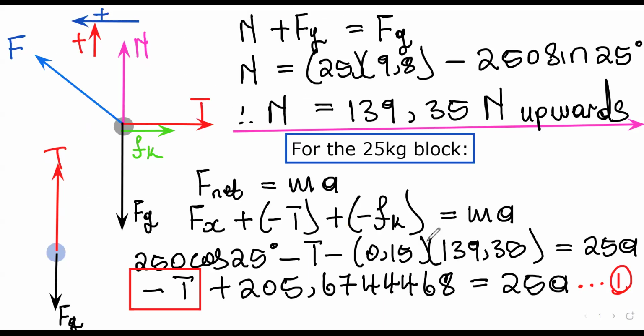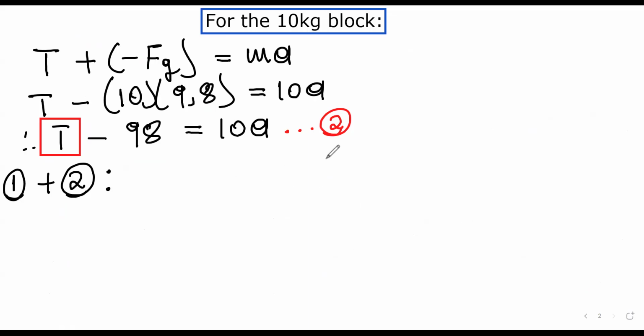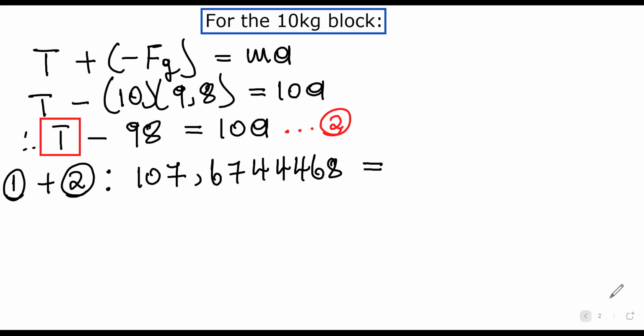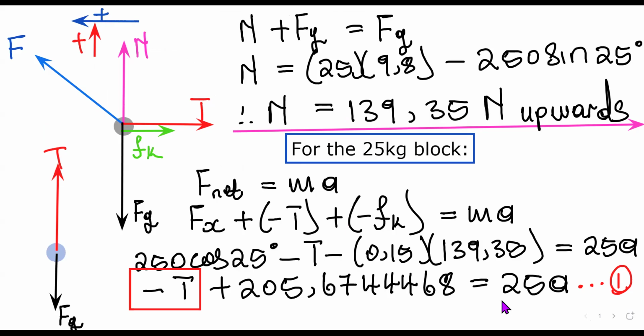So the tension is gone. Now then we are left with 205.67, 44468 on the left. And this is added to negative 98, which is the same as subtracting 98. And so we get 107.67, 44468. And now we go to the right-hand side.